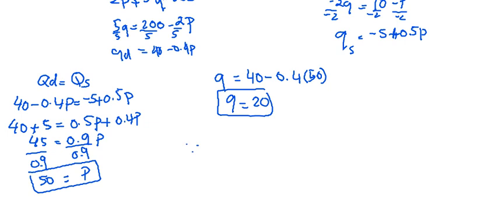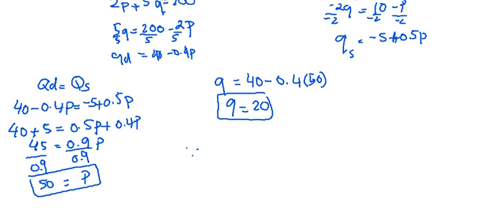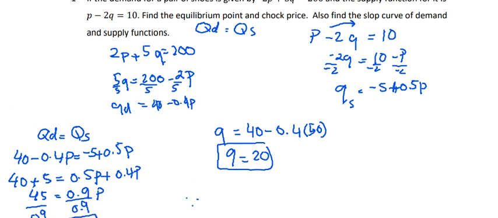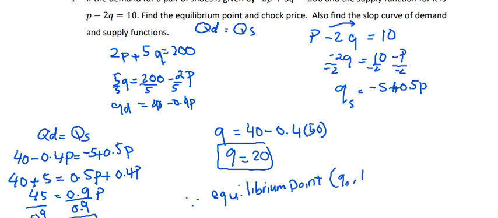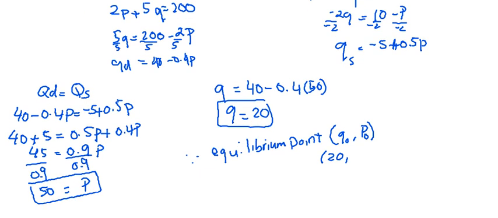Then the equilibrium point is written as Q naught, P naught, which is 20 for the quantity and 50 for the price.